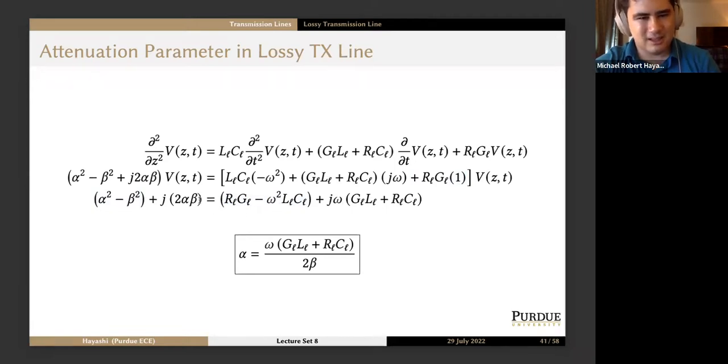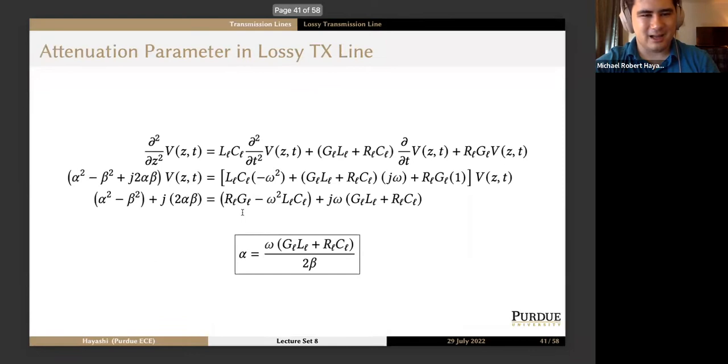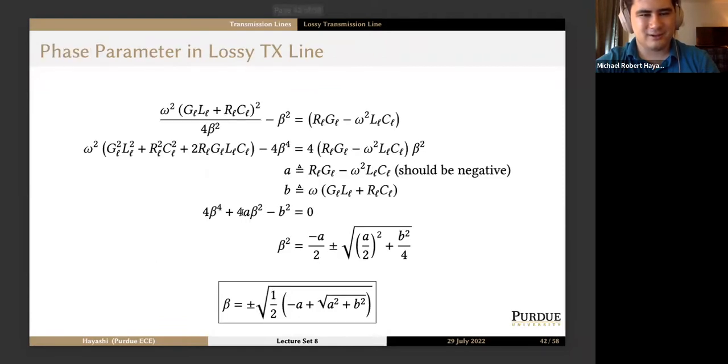So looking at just the imaginary terms, we get that alpha is going to be equal to omega times the sum of the time constant looking things divided by 2 beta. But the problem is, in order to get alpha, now we need to know beta. So what is beta? Well, we can rearrange here.